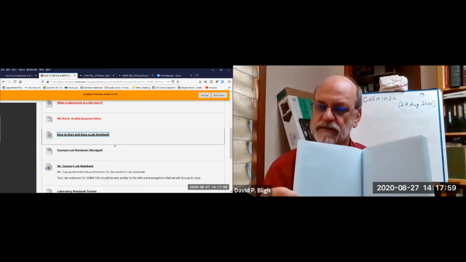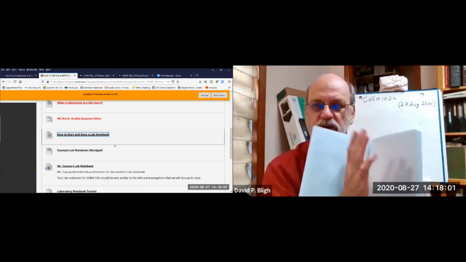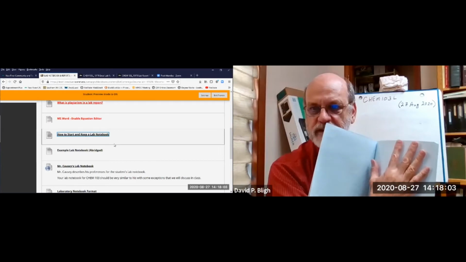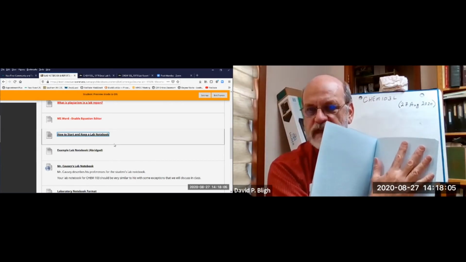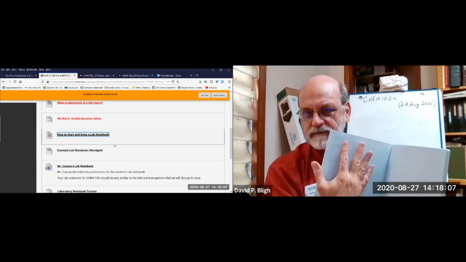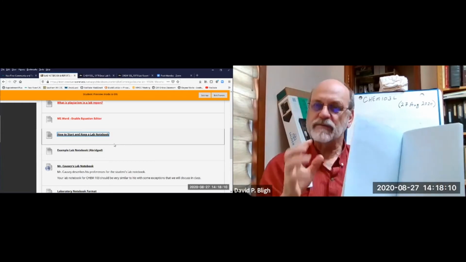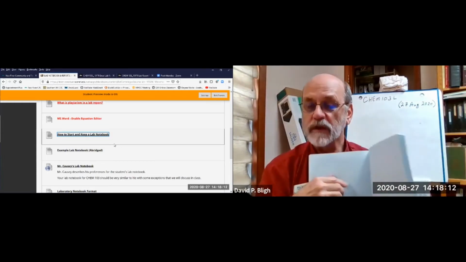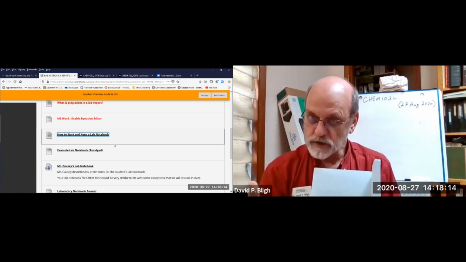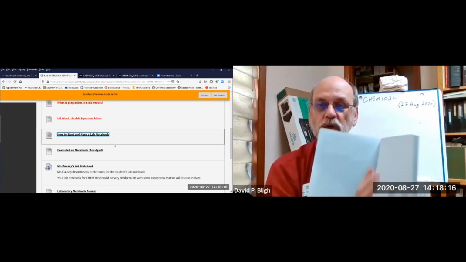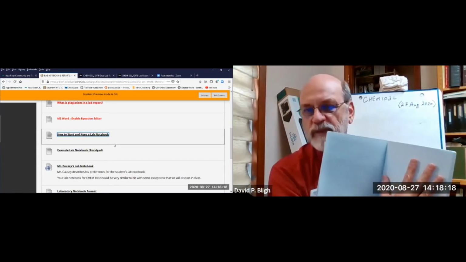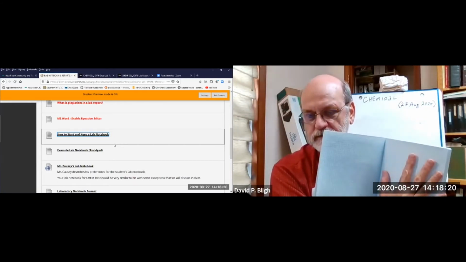So what you'll notice is all of the odd pages are right-hand facing pages, and all the even pages are left-hand facing. Okay, that's important because when you start filling out your notebook, you're only going to write on the odd pages, on the right-hand pages.